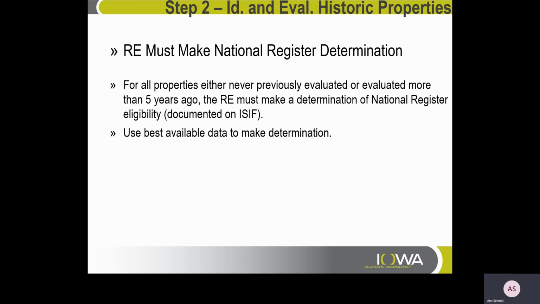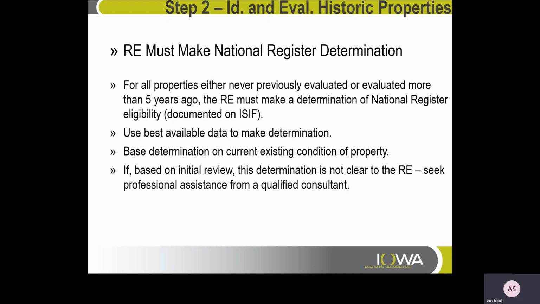You should use best available data to make your determination. It should be based on current existing conditions of the property, not how the property used to be or how the property will be changed by the result of the project, but how the property is today. If, based on initial review, the determination is not clear, the responsible entity is advised to seek professional assistance from a qualified consultant.